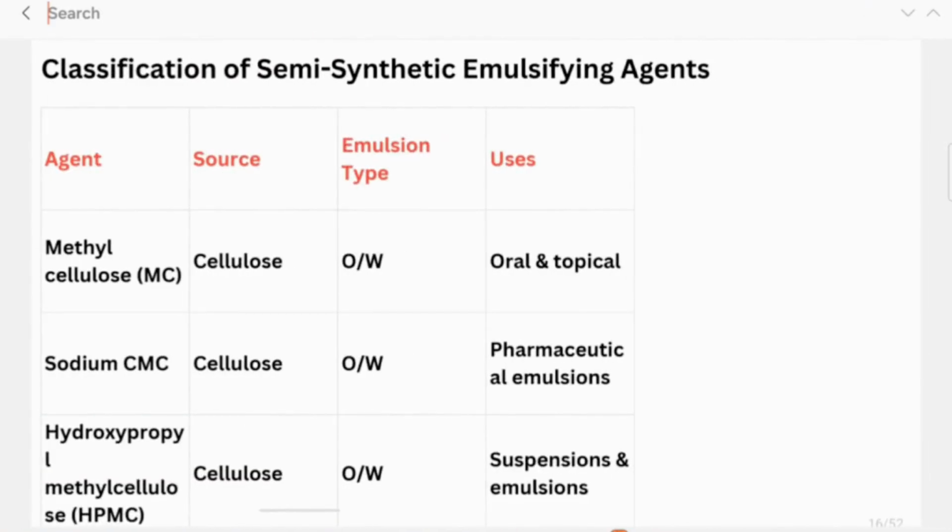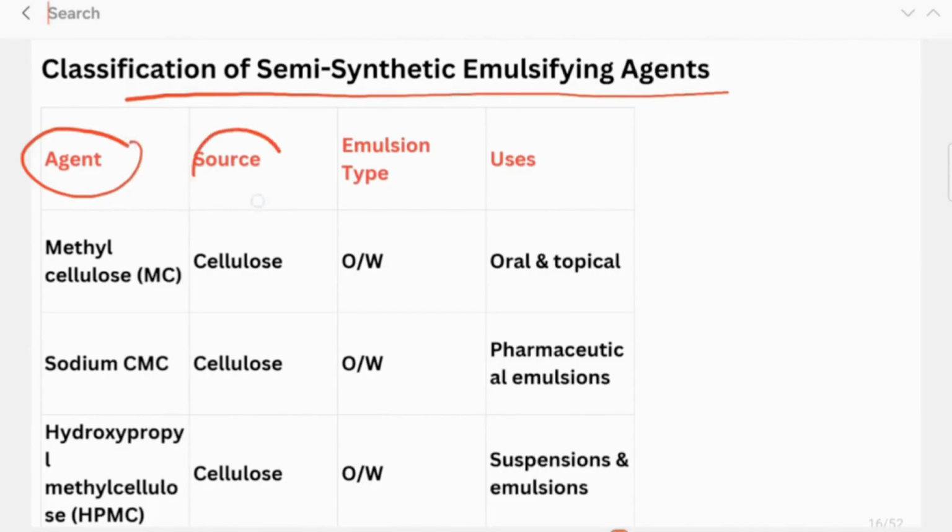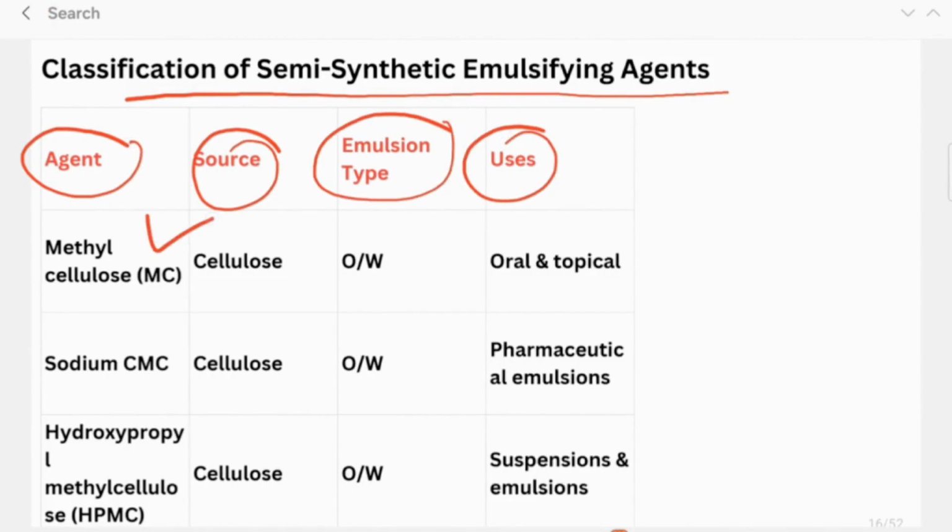Now, what is the classification of semisynthetic emulsifying agents? In this table we can see agent, source, emulsion type and uses. Methyl cellulose is a modified derivative of cellulose, chemically modified, and it produces oil in water type of emulsion, especially used in oral and topical preparations.